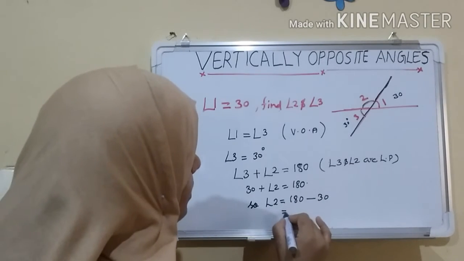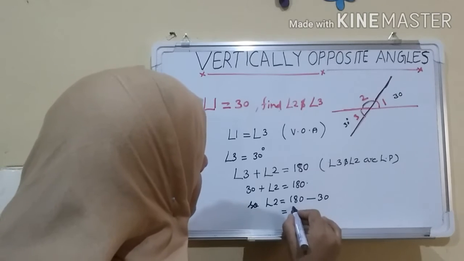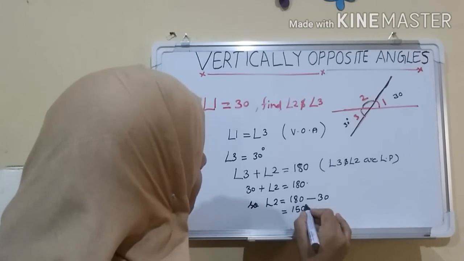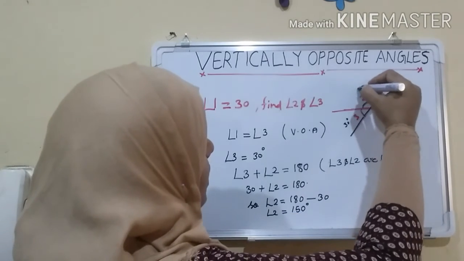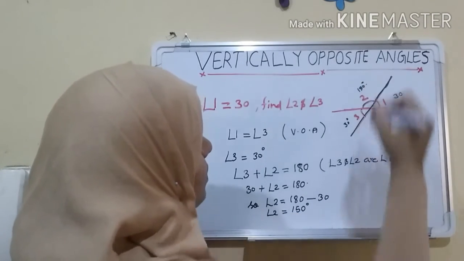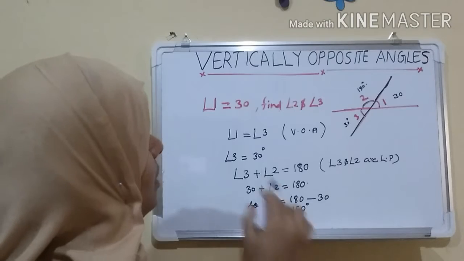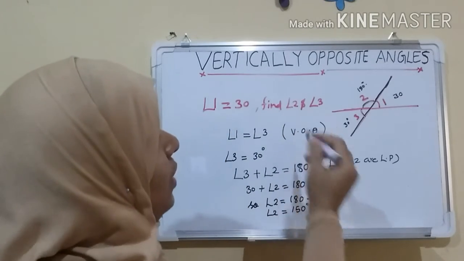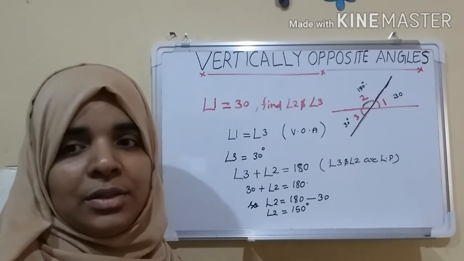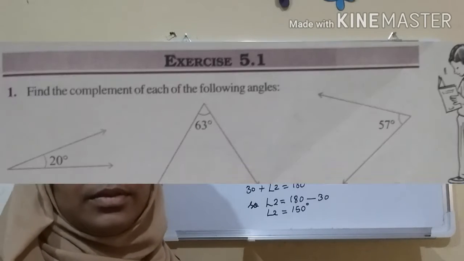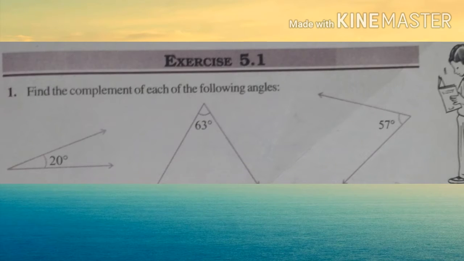That means 180 minus 30 is 150 degrees. Angle 2 equals 150 degrees. So the answer: angle 2 equals 150 degrees and angle 3 equals 30 degrees. Students, now let's start exercise 5.1 from this chapter.